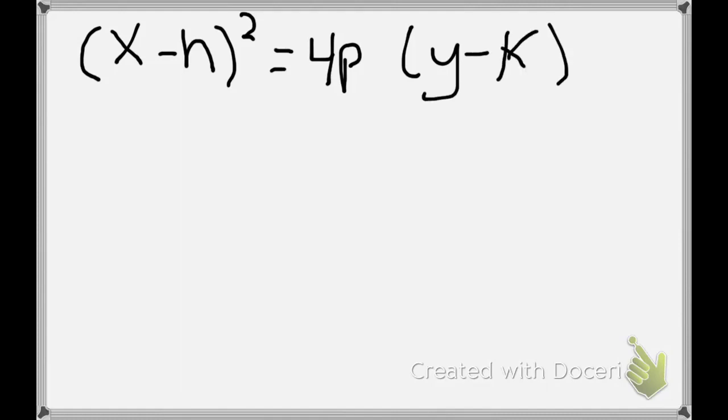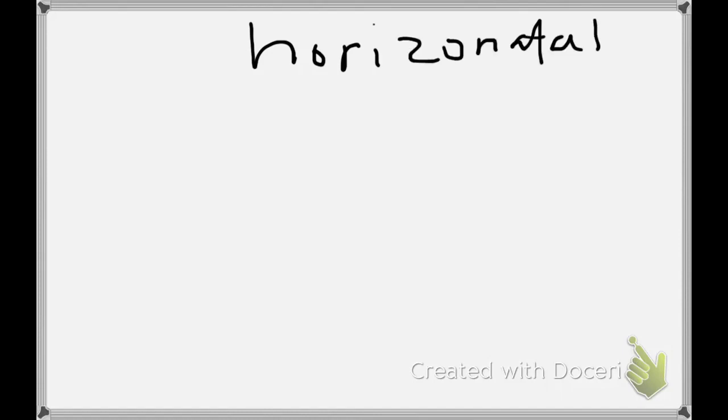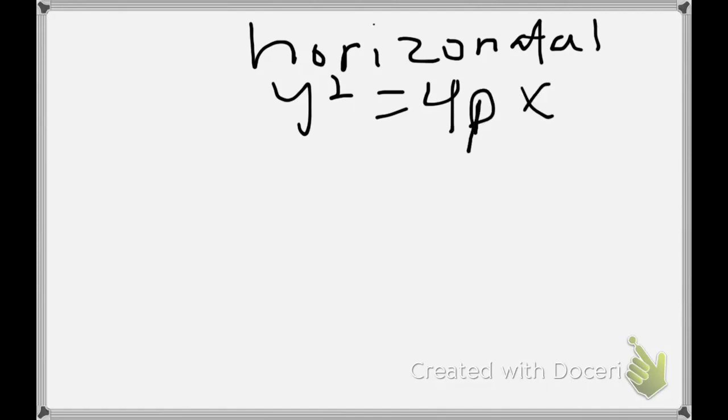And for a horizontal axis, it is y minus k squared equals 4p times x minus h. So for a horizontal axis with the vertex at the origin, the equation would be y squared equals 4px. Again, p is the distance from the directrix to the focus.